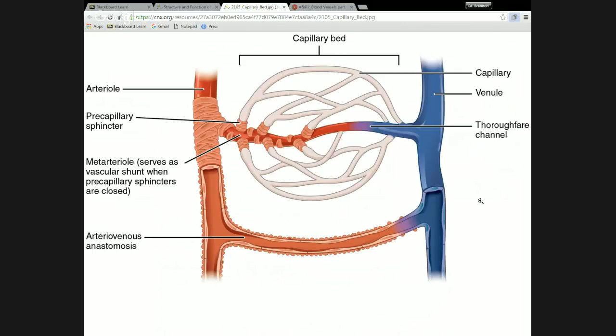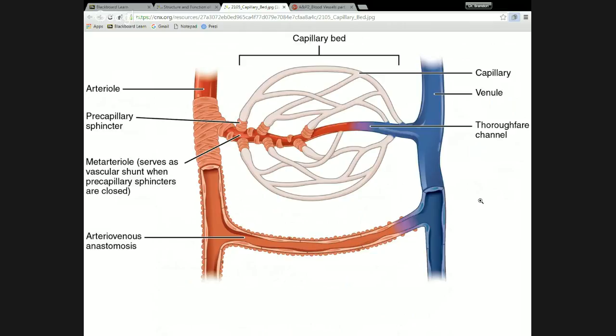And then where there are branches off of the metarteriole at the capillaries, there's a sphincter of smooth muscle called the precapillary sphincter. In this picture, all of those sphincters are depicted as closed and the blood is not flowing into the capillaries there.